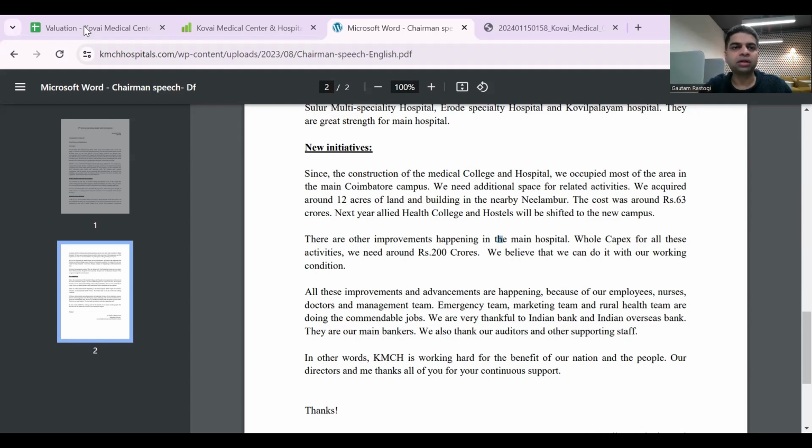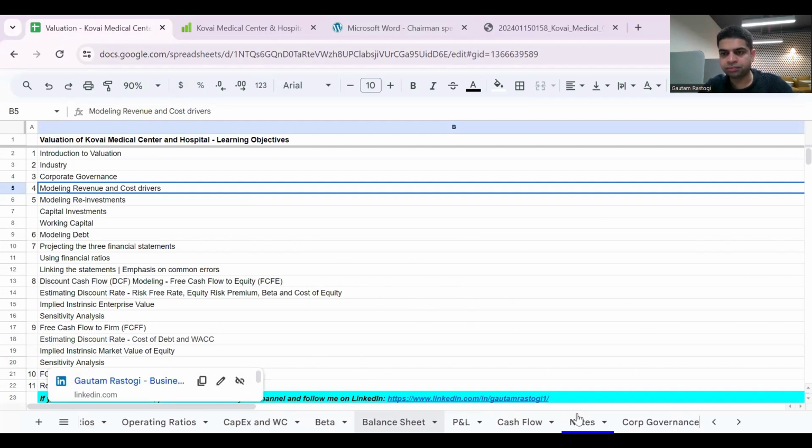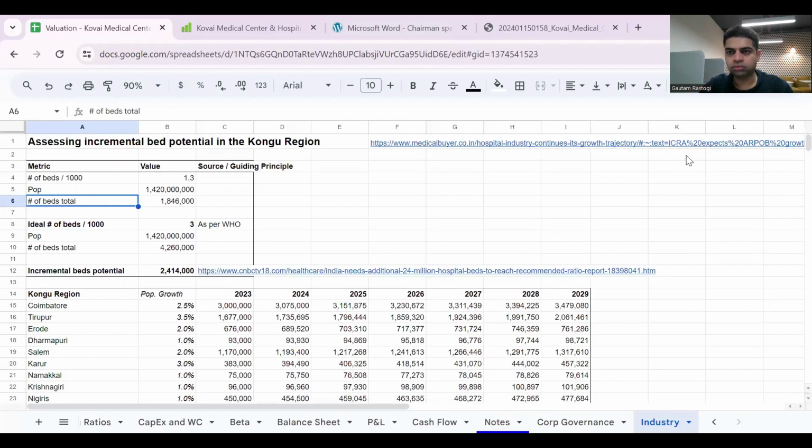Now, with that understanding, let's go back to our spreadsheet. So I just pulled up the industry sheet in this spreadsheet.